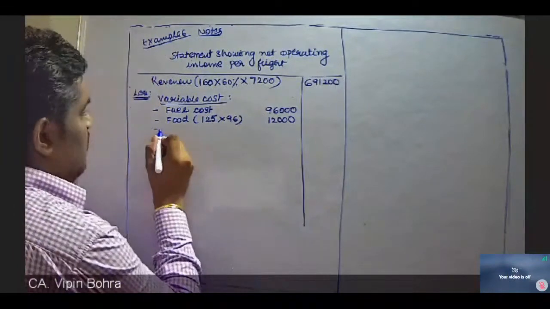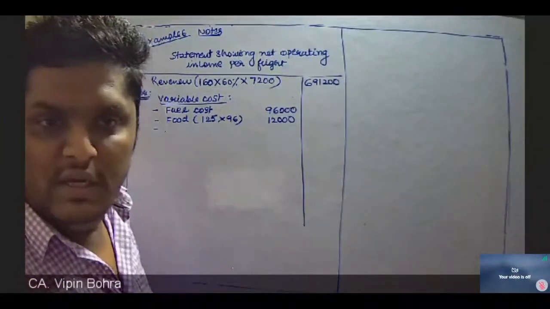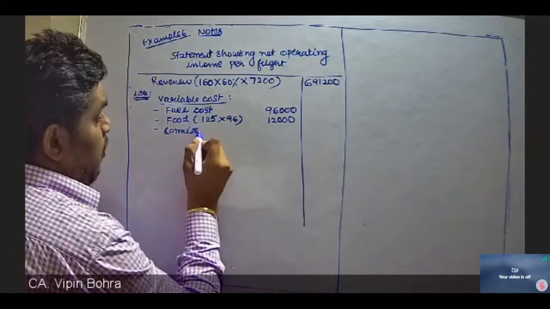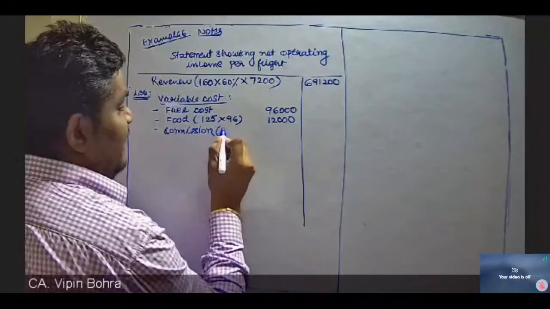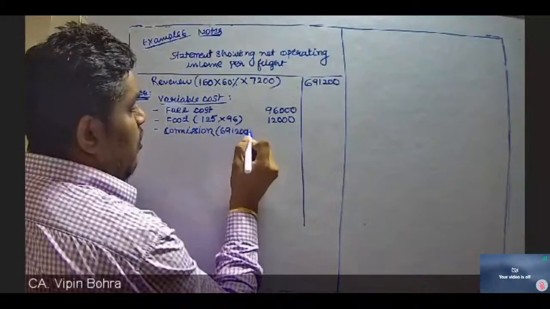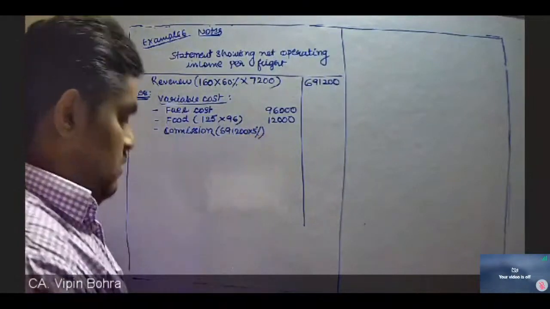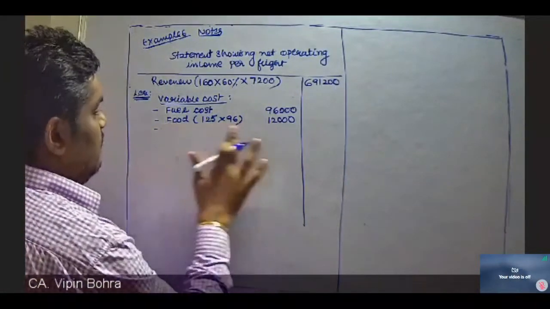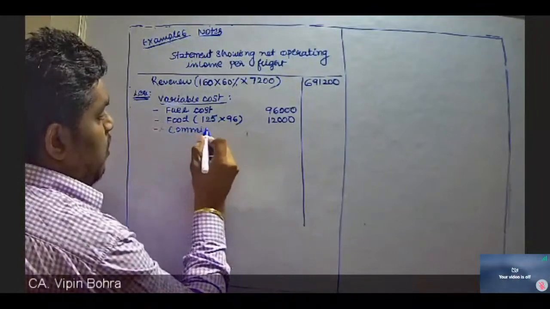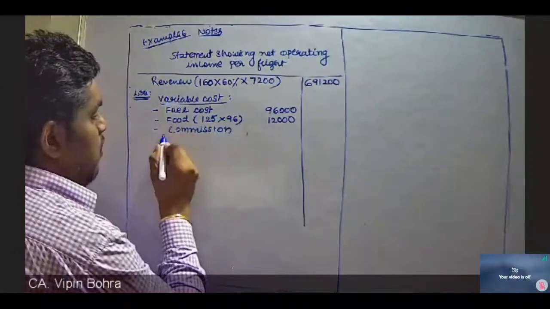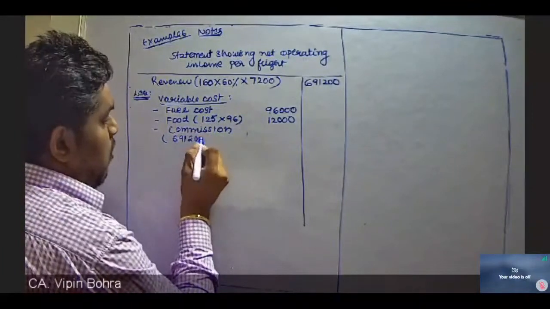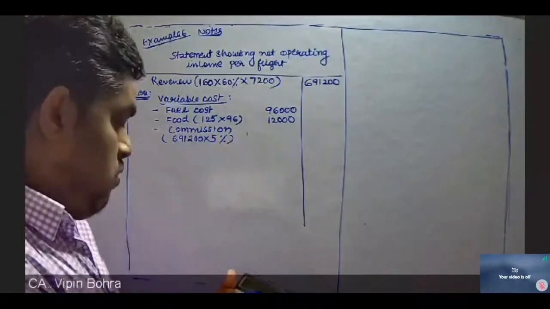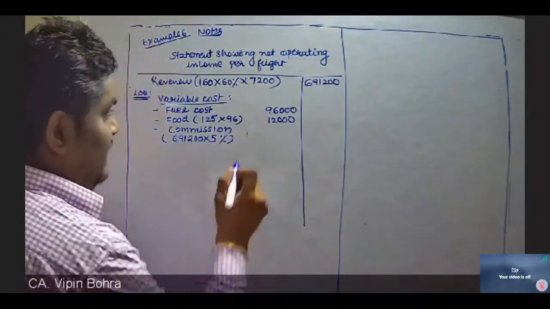Commission. Commission is 5% of the fare. So total fare collected is 691,200 into 5%, which is 34,560.